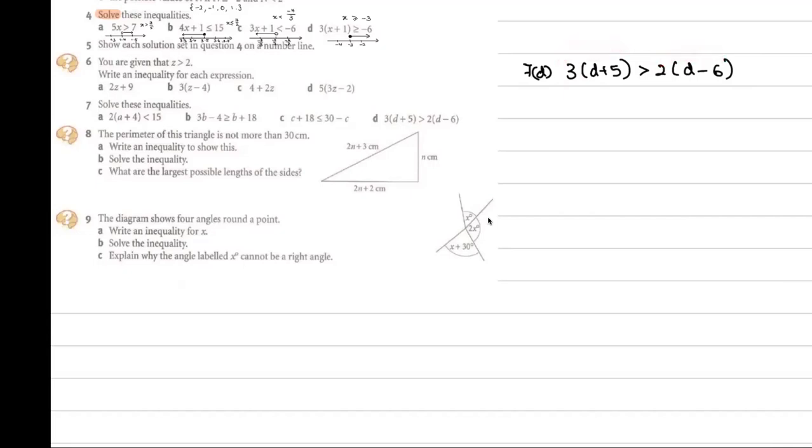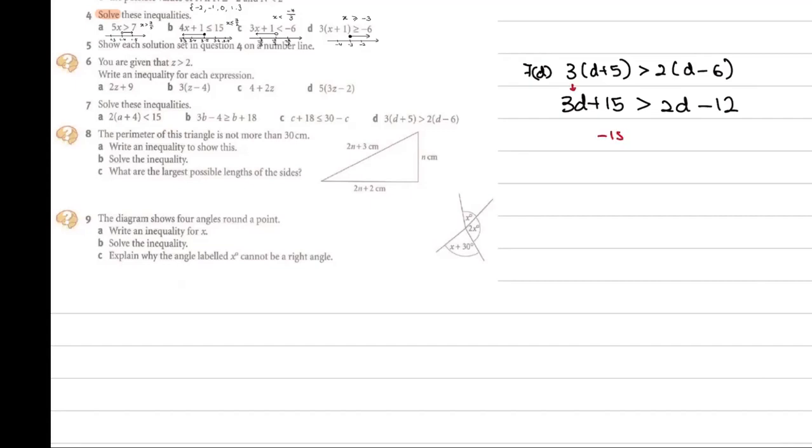So we will get 3D plus 15 is more than 2D minus 12. Both will be multiplied by 2. Then we're going to remove the 15 because 3D is larger. I'm going to remain this here.